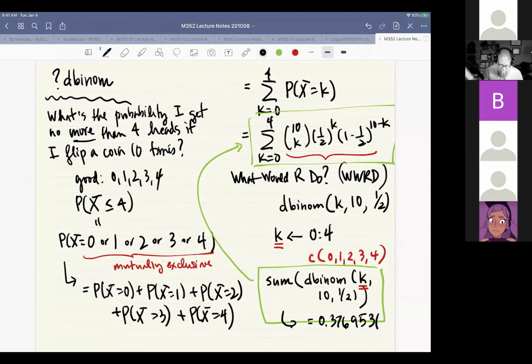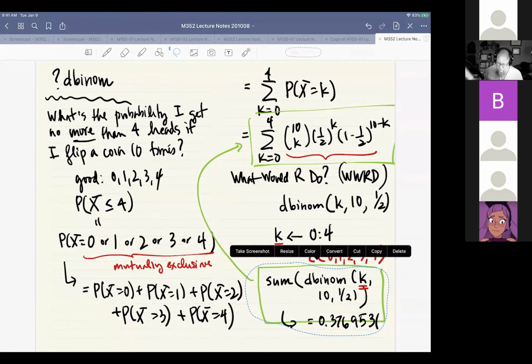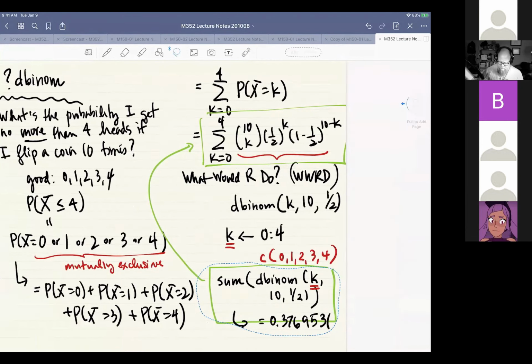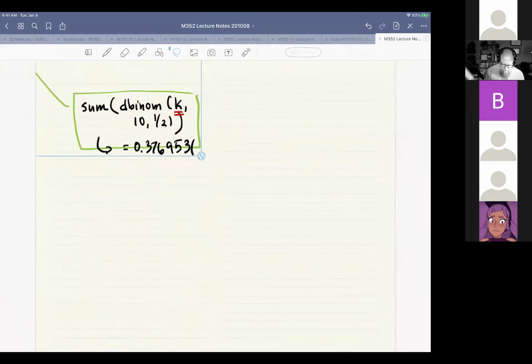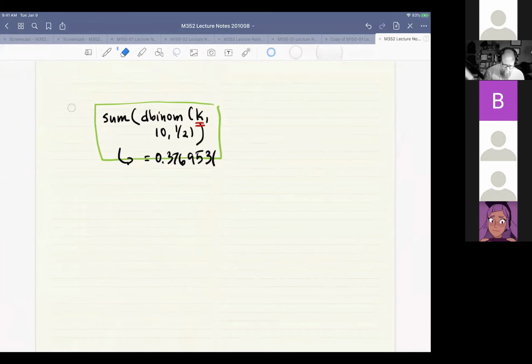Okay, so let's just check to make sure R is doing what we hope it's doing. Copy and paste that.